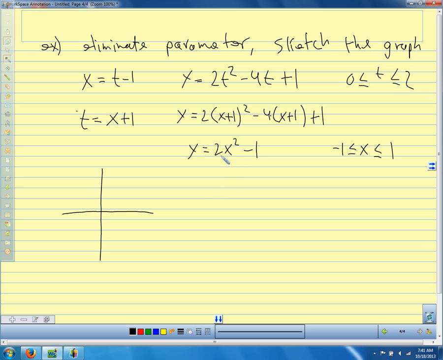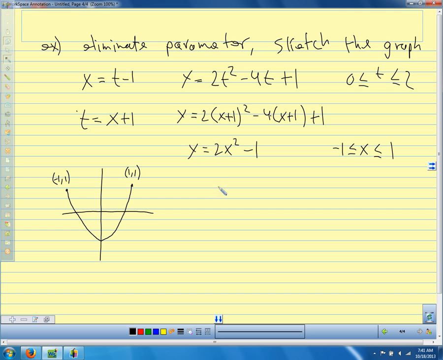Parabola opens up, vertex at negative 1. I'm going to go like so. When x equals negative 1, y equals 1. So that's where my graph's going to stop. And when x equals 1, y equals 1.